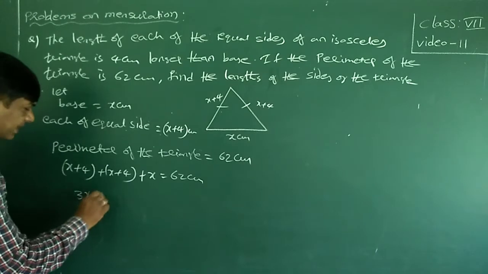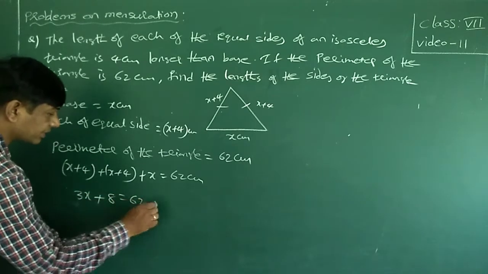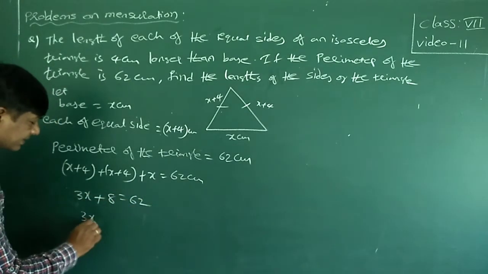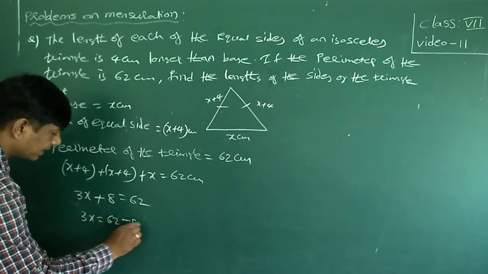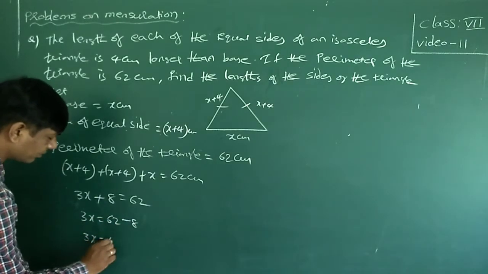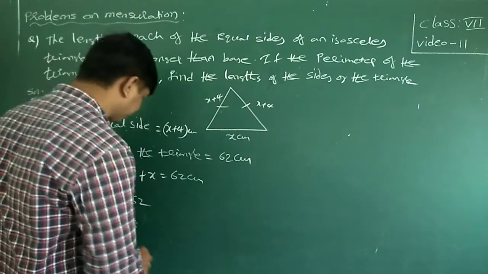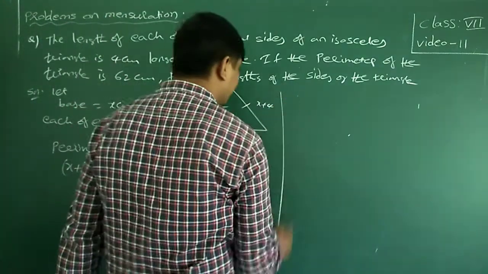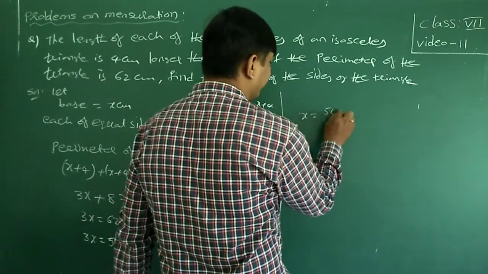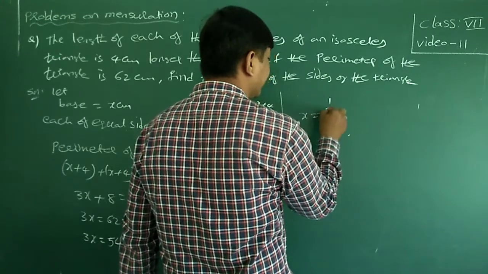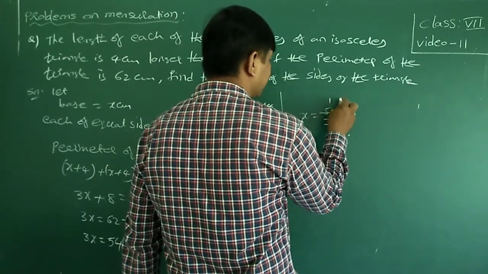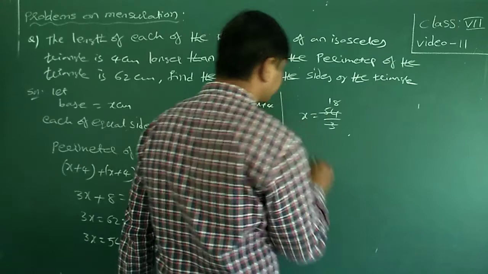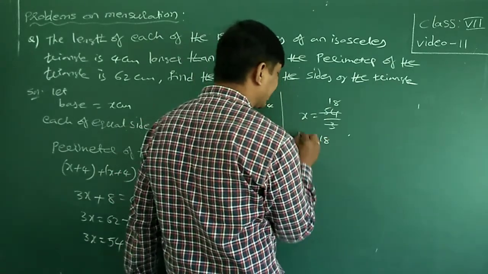Now 3x plus 8 is equal to 62. 3x is equal to 62 minus 8. 3x is equal to 54. Now x is equal to 54 by 3, which is 18.